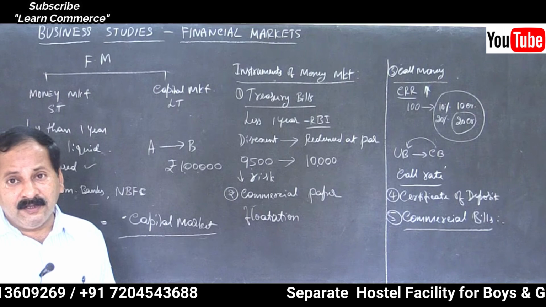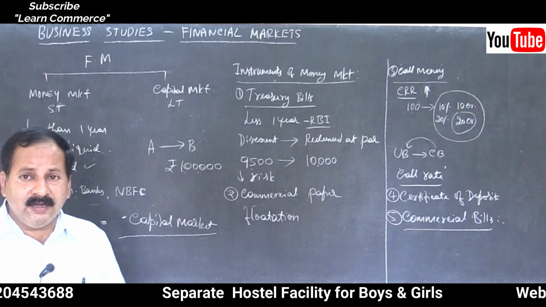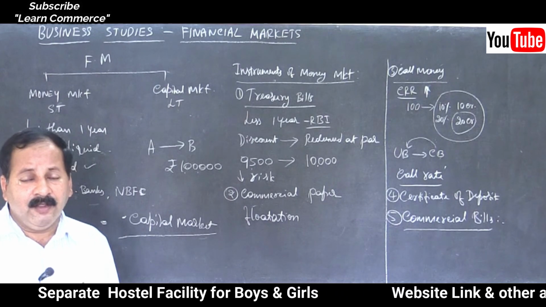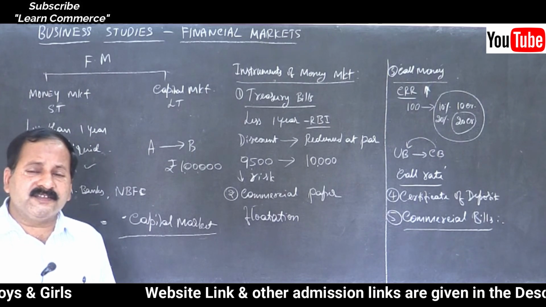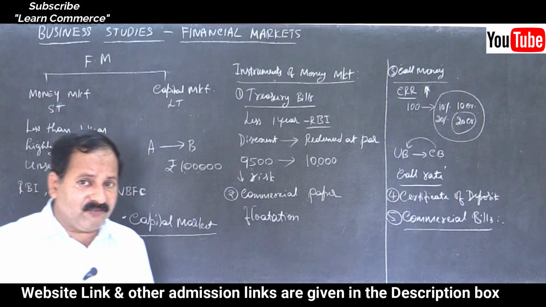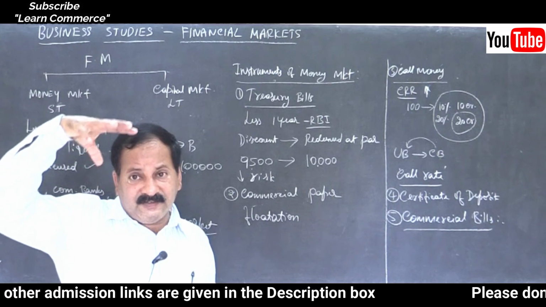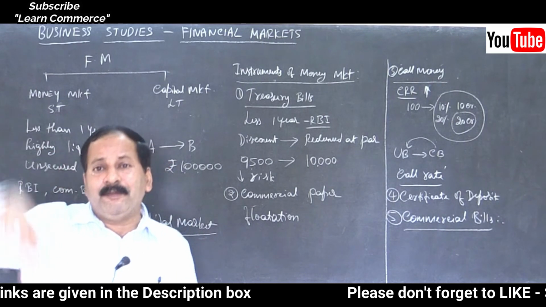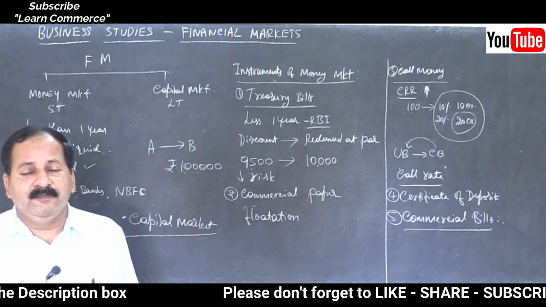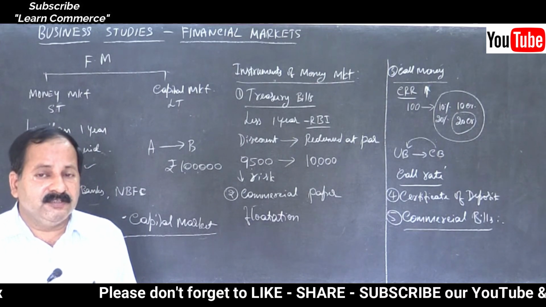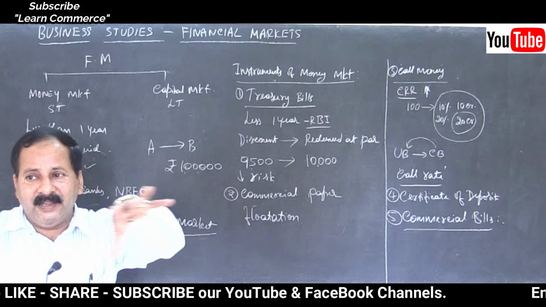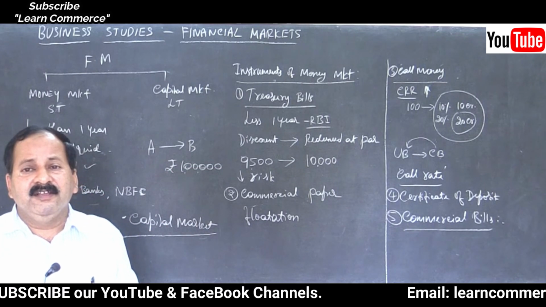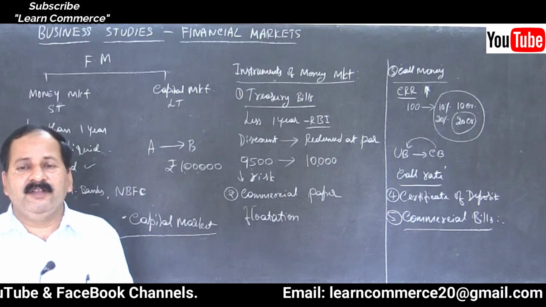It is done over phone or any other means of communication, fax, email, or whatever the name you call. All these communications are used to do the transactions in money market, because there is no particular institutional setup for money market. But for capital market, there will be institutional setup, there will be a particular building, there will be a particular place of trading, all this will be there. It's like an institution. Clear?